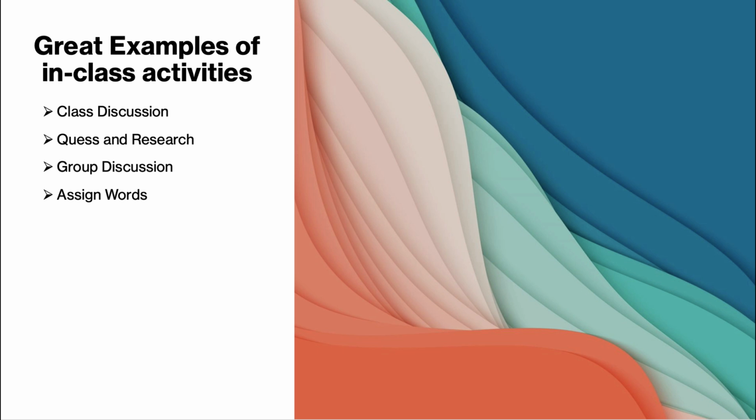Okay, so here are some great examples of in-class activities you can use word walls with. The first thing is just class discussions. Get them going about specific words you want them to understand before a reading, an experiment, a chapter, anything that you want them to know beforehand or while they're reading it.